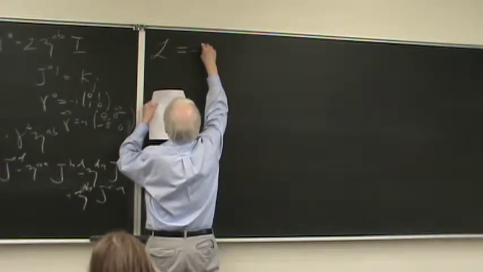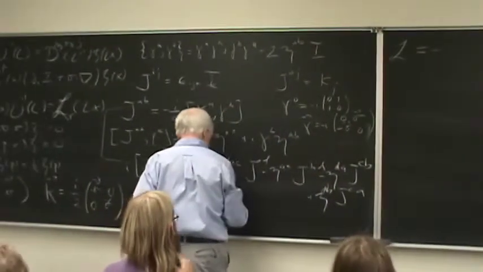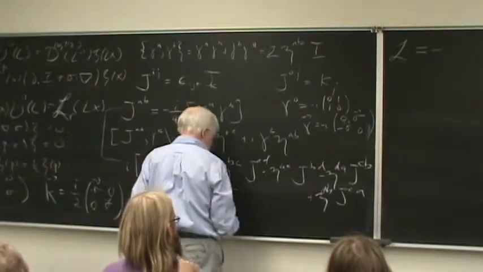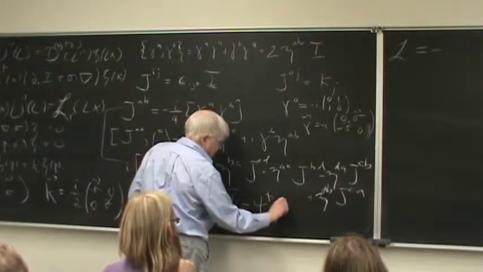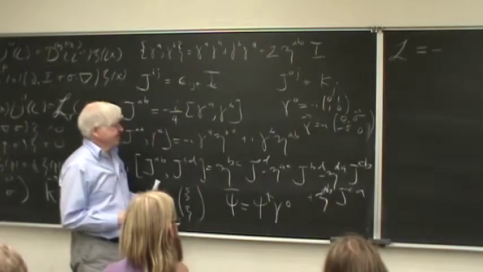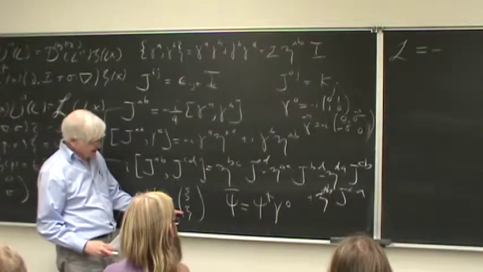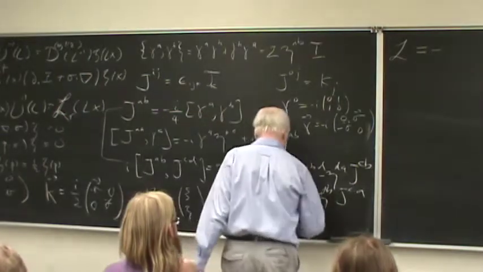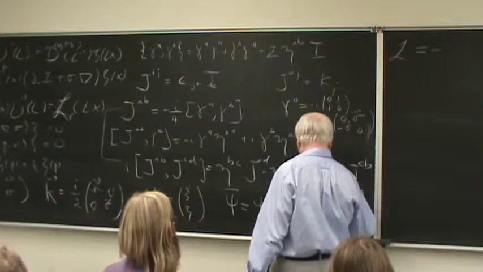And the way one writes this conventionally is to introduce something called psi bar. Psi bar is psi dagger gamma 0. What does this do? This just interchanges the chi with the zeta. So this thing is zeta dagger, chi dagger.